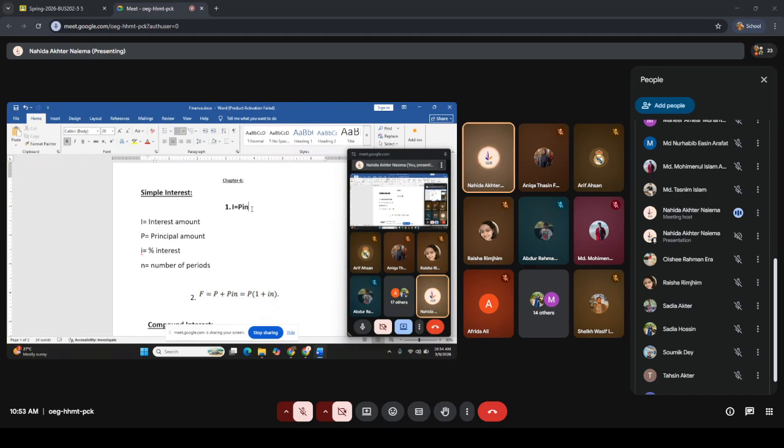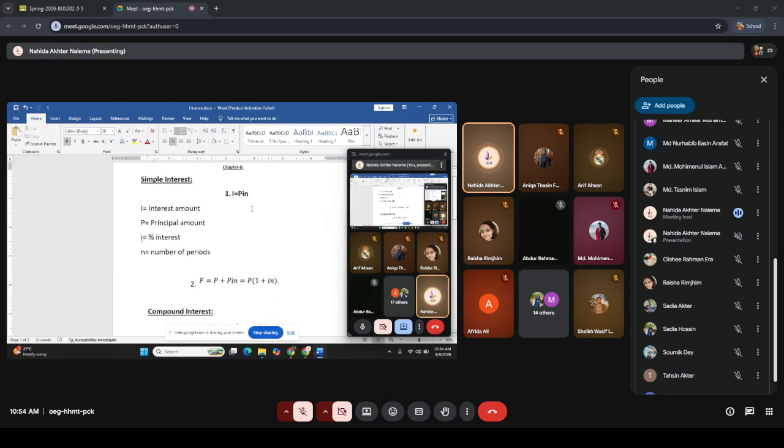Mostly the home loan, the mortgage, then the car loan we take, all of these are mostly compound interest. So it's the interest on your principal amount plus the interest you have earned. That's the difference between simple interest and compound interest.